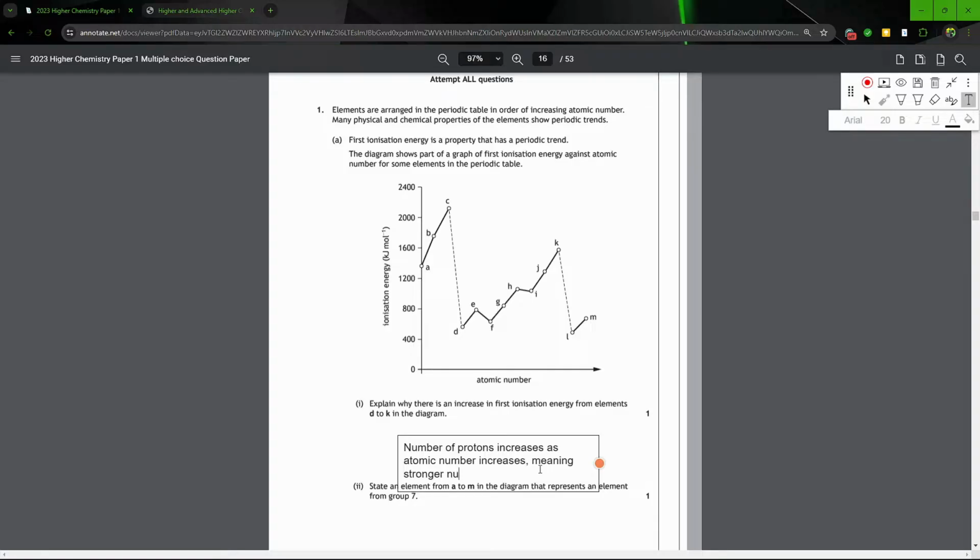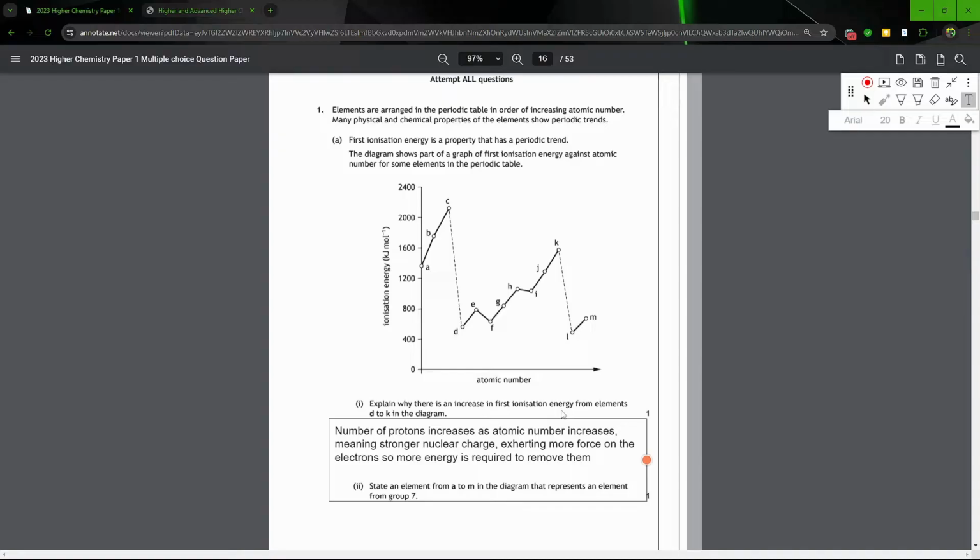So this is like the charge on the nucleus, exerting. I love the word exerting. More force on the electrons. So more energy is required to remove them. There we go. So I've probably overcomplicated that actually there.